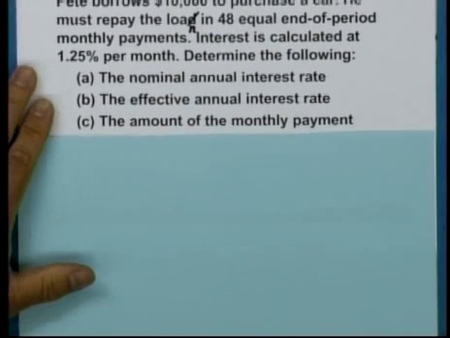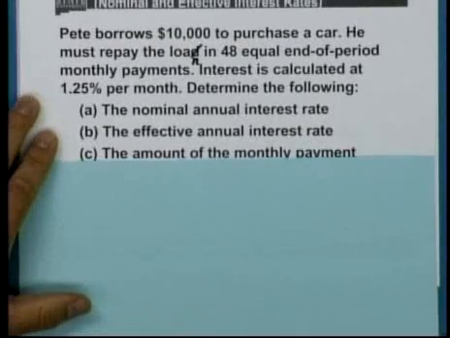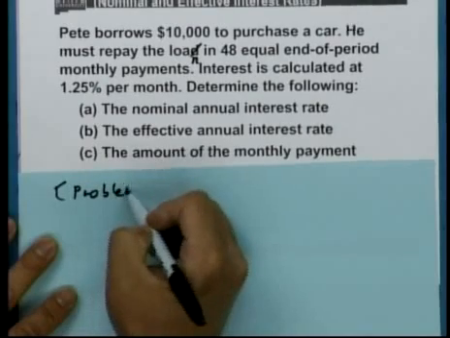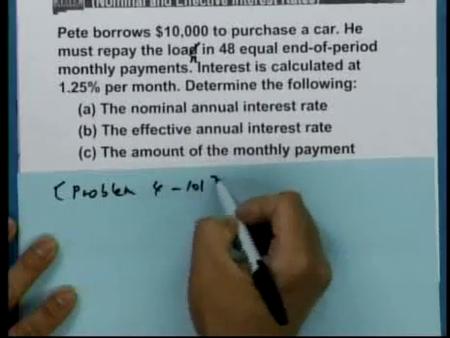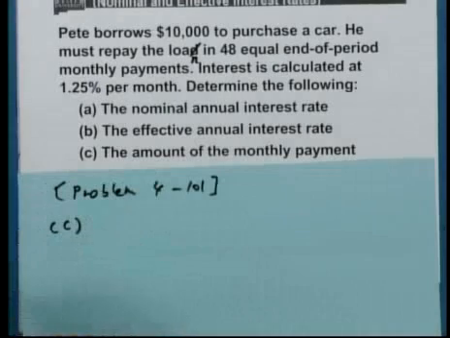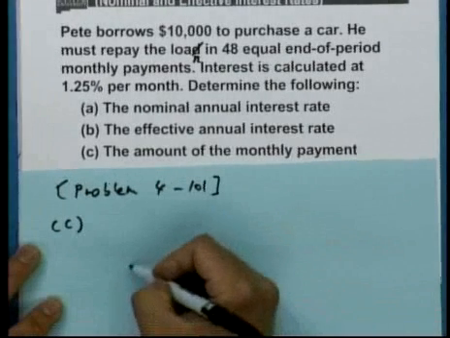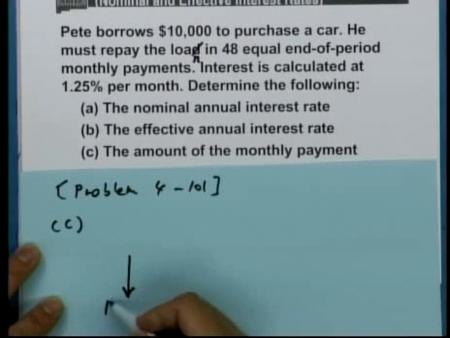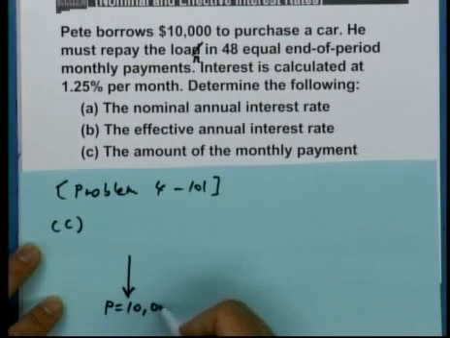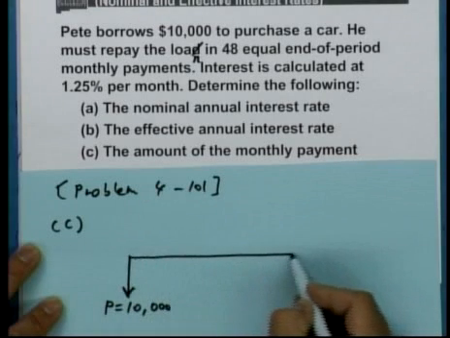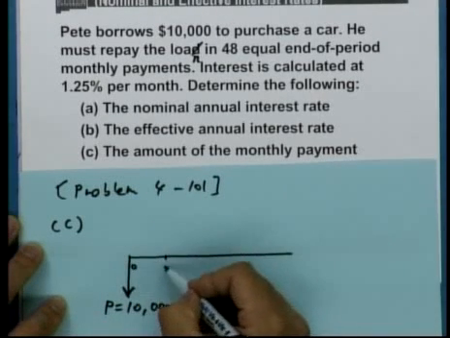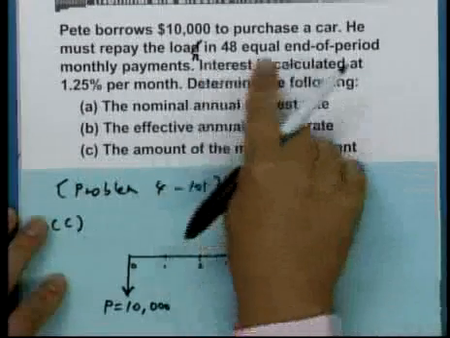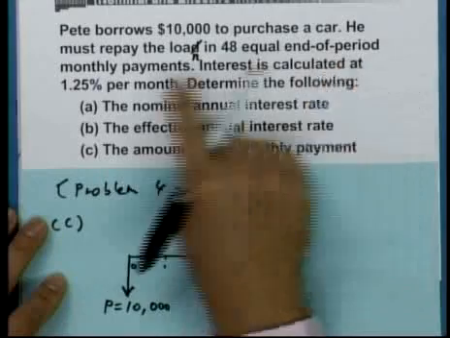So if you draw the cash flow diagram, this is problem 4-101, part C. So we have a present sum of money, which is $10,000. 0, 1, 2, up to 48 equal end of period monthly payments.